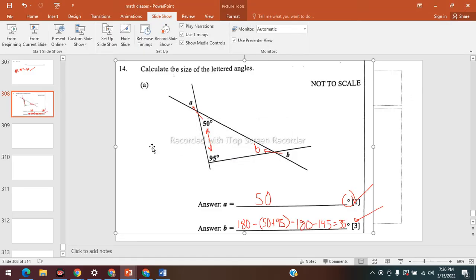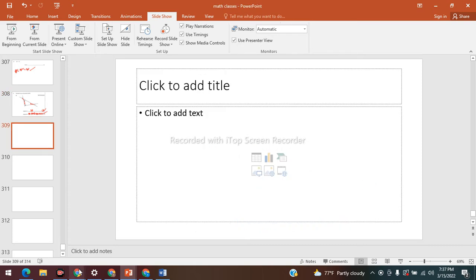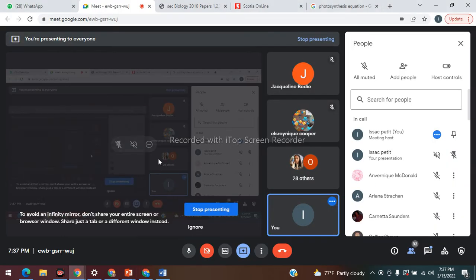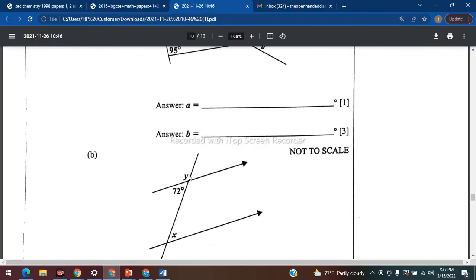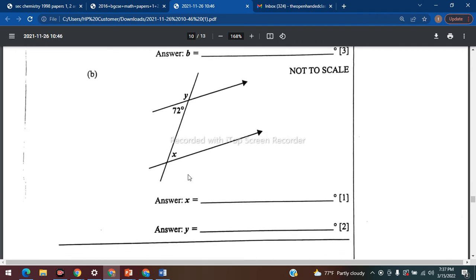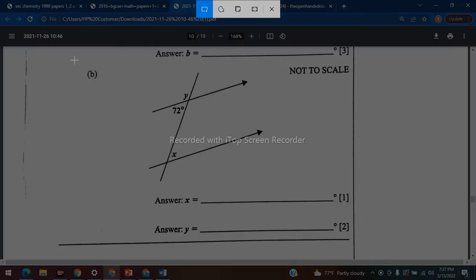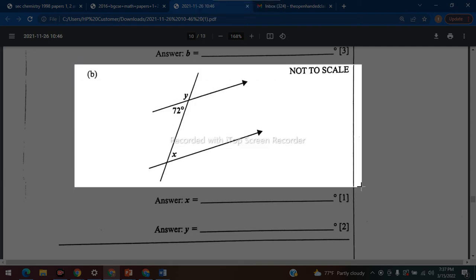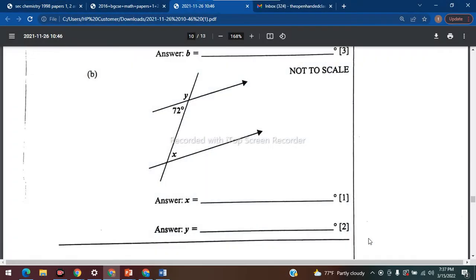All right, next up is, all right, so let's do this one. Wow, for this paper, they really testing y'all on y'all stuff.